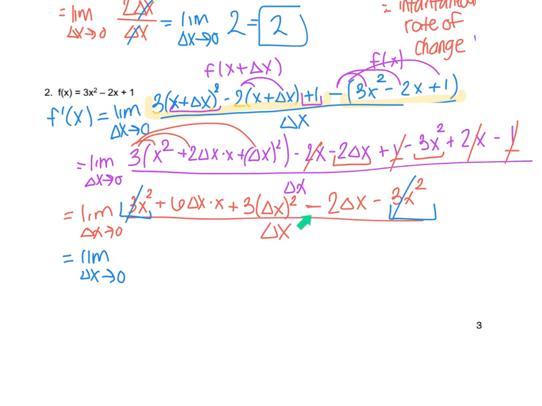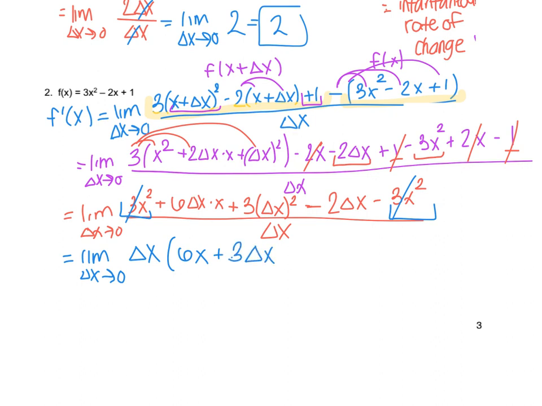There, there, and there. So what I'm going to do is factor out that delta x from the terms in the numerator only. When I do, I'll be left with 6 times x, because I've factored out the delta x from that, so that just leaves me 6 and the x, plus 3, and when I factor one delta x out, I've got 1 remaining.